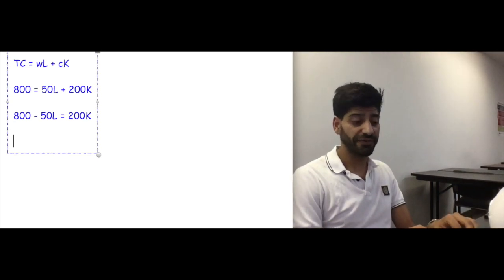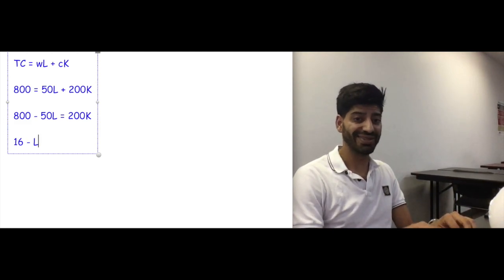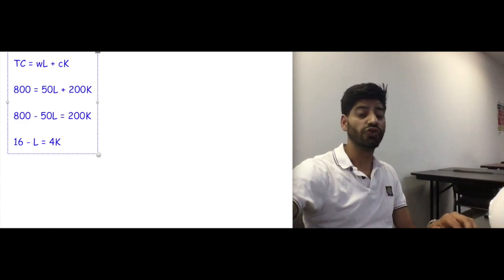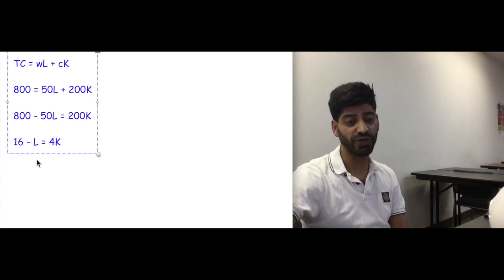And now we can divide each term by 50. So 800 divided by 50 is simply going to be 16. 50L divided by 50 is just going to be minus L. And 200 divided by 50 is going to be 4. And so all I did here is I took each term in the expression and I divided it by 50 in order to simplify the expression.